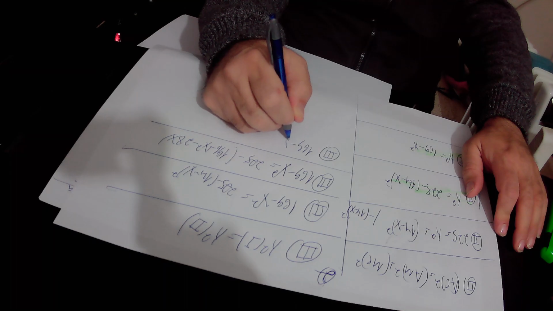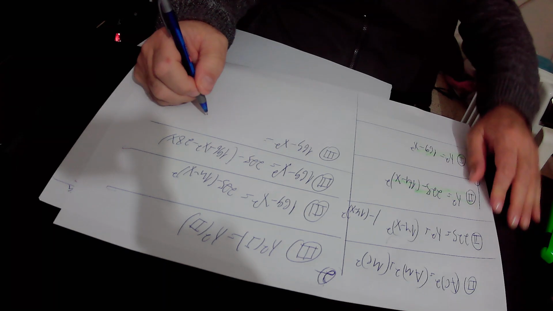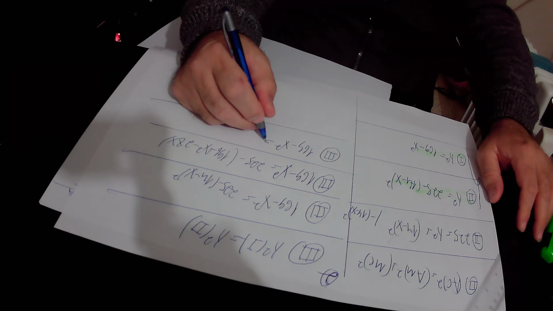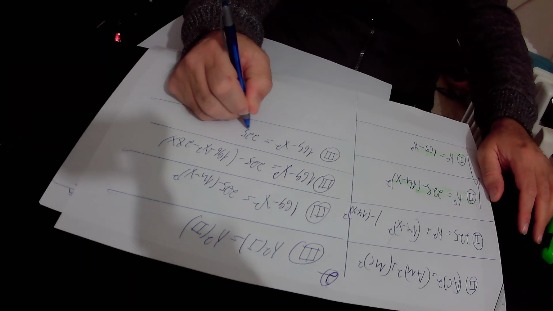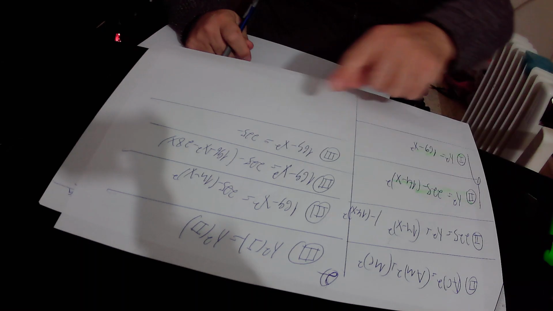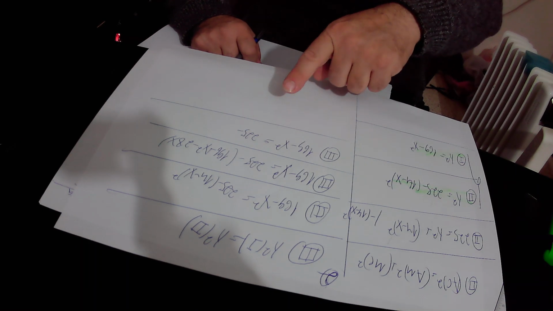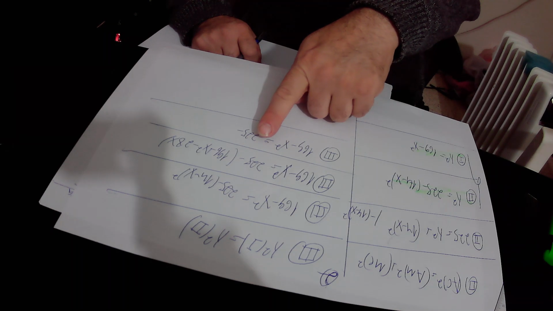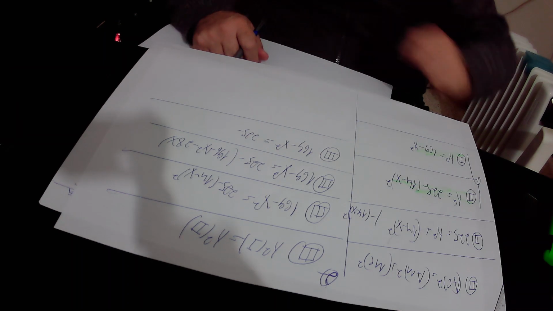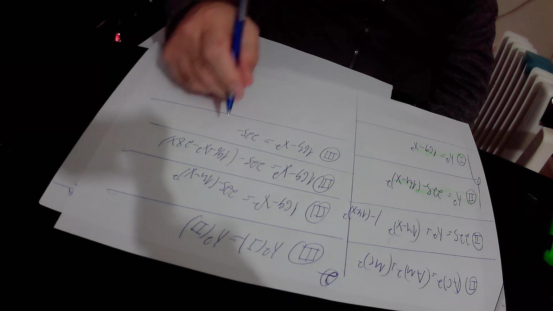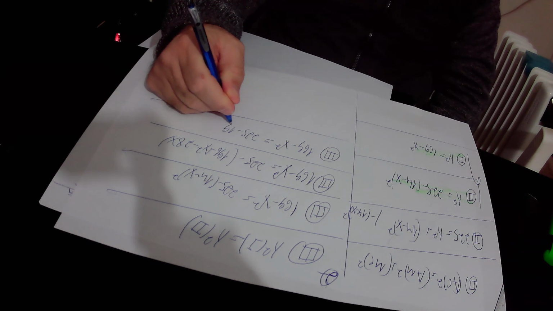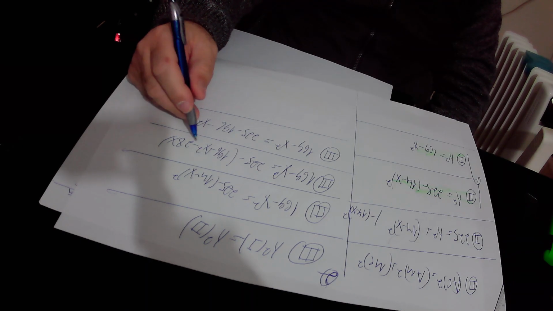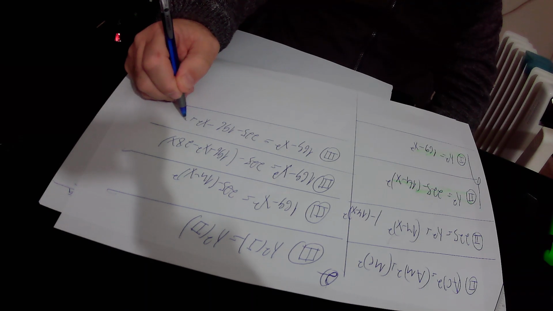Here we have minus before the brackets. We will open the brackets, and we get 225 minus 196 minus X squared. Minus and minus is plus, so it is plus 28X.